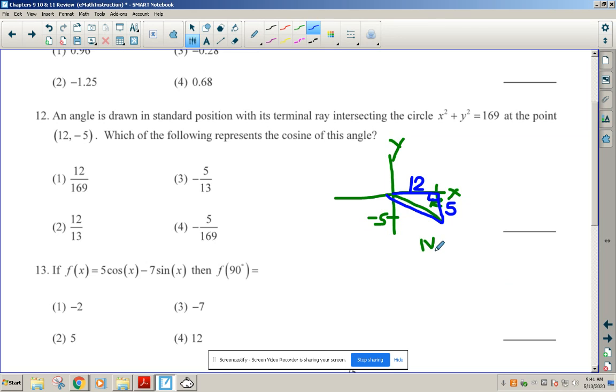And I'm in quadrant 4. And if I'm in quadrant 4, I am going to be positive for cosine. That's a super big thing. Remember, all students take calculus: cosine. So right now, this guy is off the table and this guy is off the table because cosine's positive.